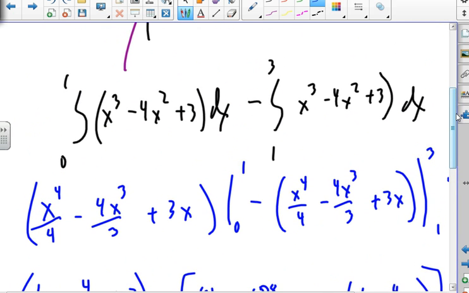Okay. Let's go integral from 1 to 3 of x cubed minus 4x squared plus 3, close parentheses.